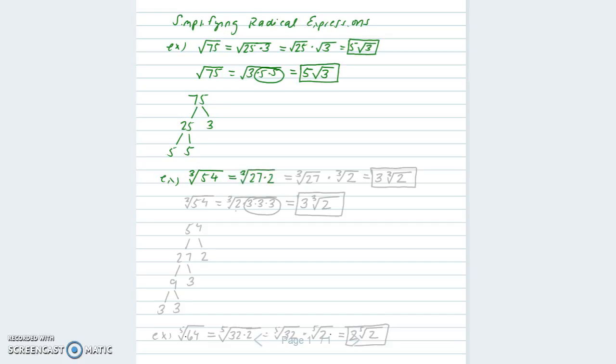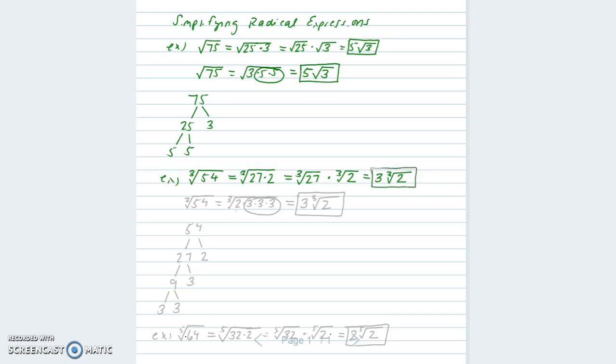And then once we separate this, we have our perfect cube, which is 27, times the cube root of 2. And because 27 is a perfect cube, we can continue to simplify that to be 3. So now we have 3 times the cube root of 2. This will be our final answer.